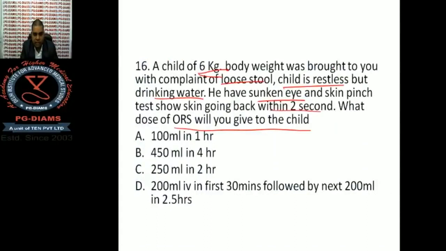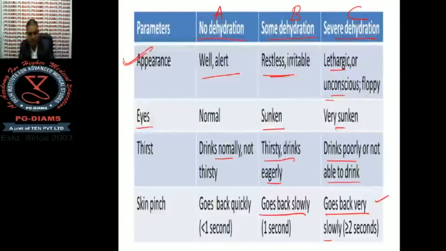Okay. So in this case, the child has two symptoms. One is the child is restless. The second is the child has sunken eyes. The skin pinch goes back within 2 seconds, so it is not appreciable. But since he has two symptoms, restless and sunken eyes, both belong to some dehydration.